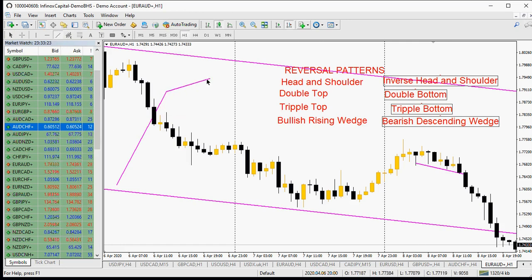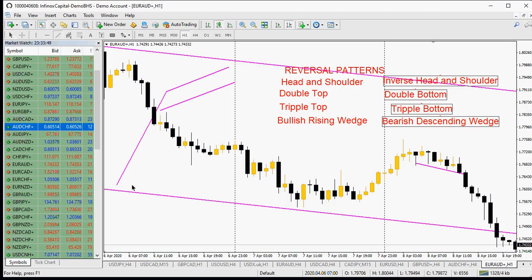Instead of going straight, it started going sideways, but on the upside also, forming something like this. Okay, forming a kind of a channel, but the channel is facing up instead of coming down. This is a bullish rising wedge.